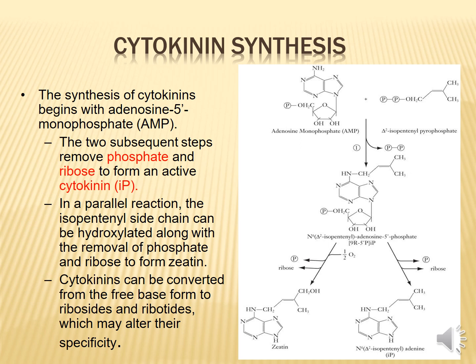Cytokinins are derived from AMP. If you look, this process has a complex structure, but actually it has simple steps. You can see this process is called two subsequent steps because it has two steps.